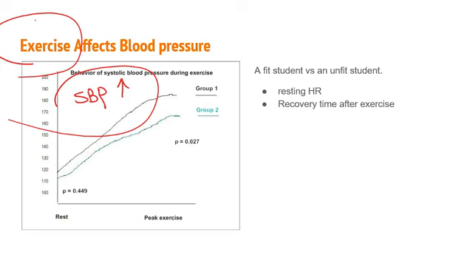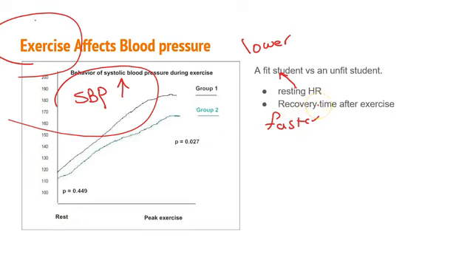And also, let's compare a fit student's heart rate and recovery time after exercise with an unfit student's. A fit student usually has a lower resting heart rate, and they also recover faster.